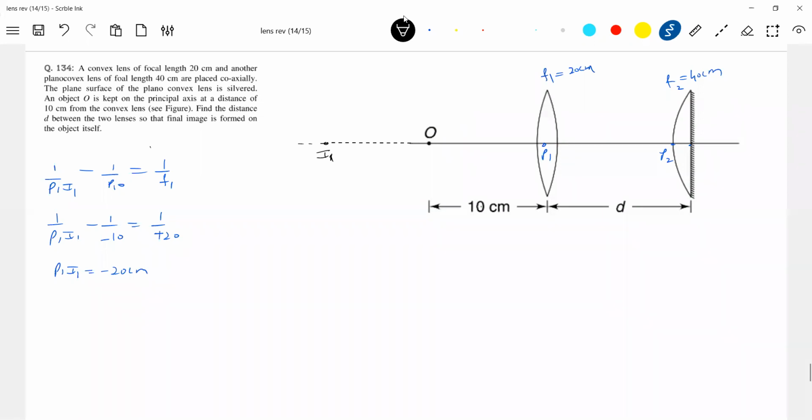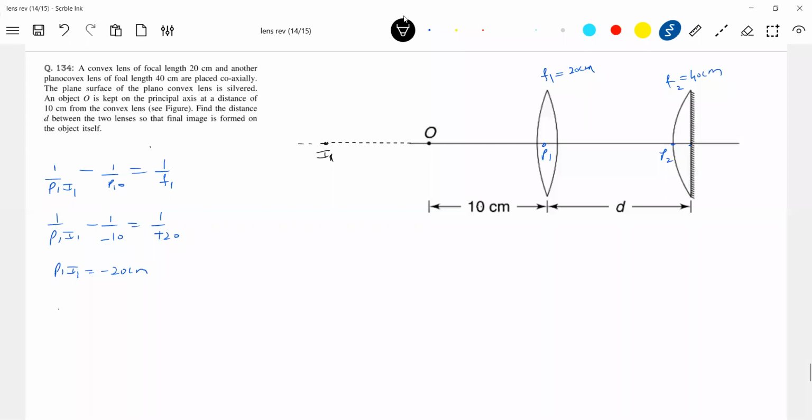This I1 now, the rays will go and be incident at P2. So I'll use the refraction at spherical surface formula. So this will be P2, refraction itself. The focal length of that we don't know.